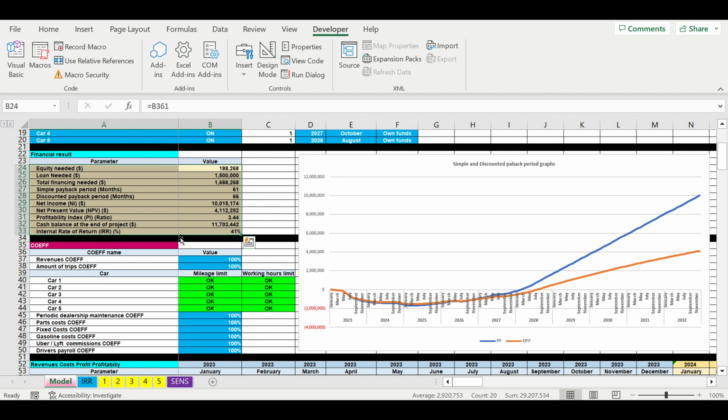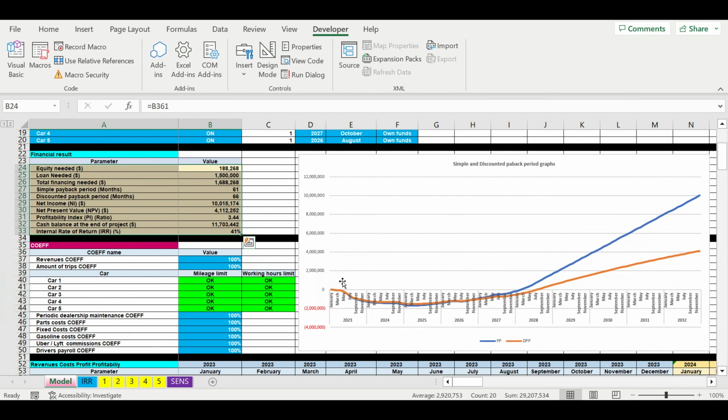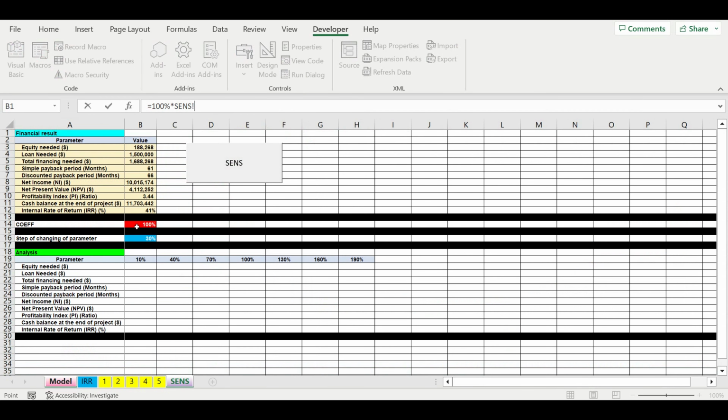Then we can move to sensitivity analysis, and here we can test our business idea. For example, if revenues will increase or expenses will increase or decrease. So for example, we can look at amount of trips. We can press equals and add a sensitivity coefficient to this input.